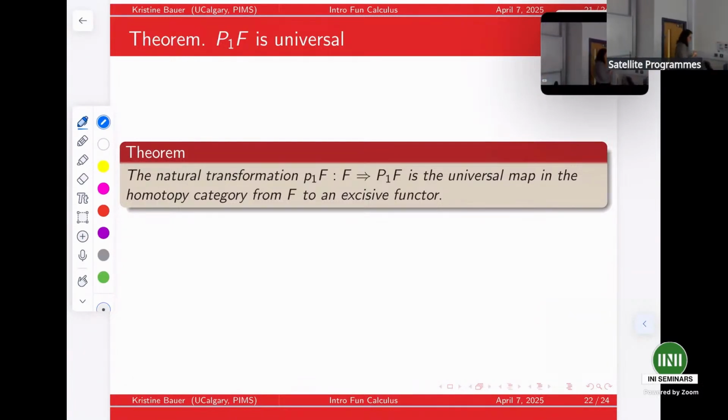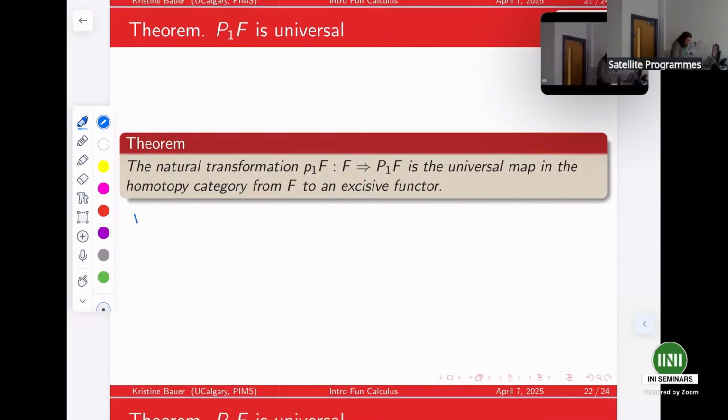So by being universal, what I mean is that I want the natural transformation from F to P1F to be the universal map in the homotopy category, from F to an excisive functor. In other words, two things.